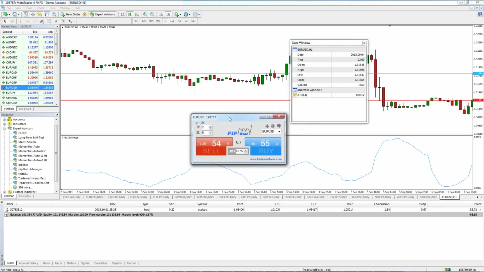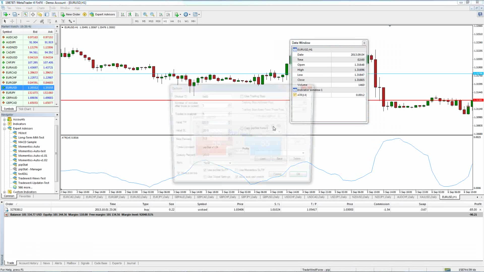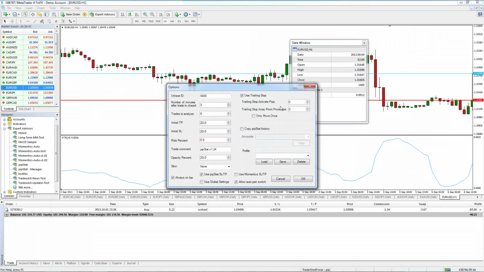Then we go into our settings, click Use Trailing Stop, and set it to activate at 33 pips, and also trail by 33 pips. We don't want to use move once, because that just moves it to break even and that's it. So this is going to do exactly what I showed you here.